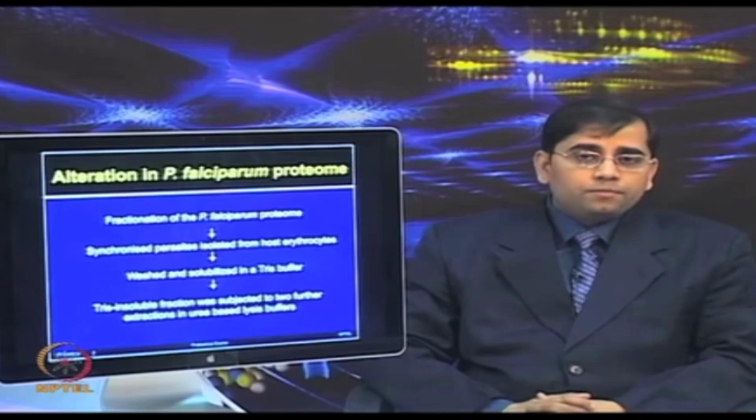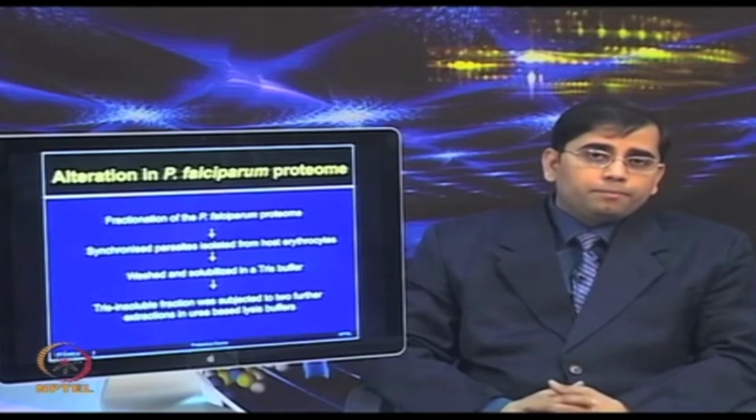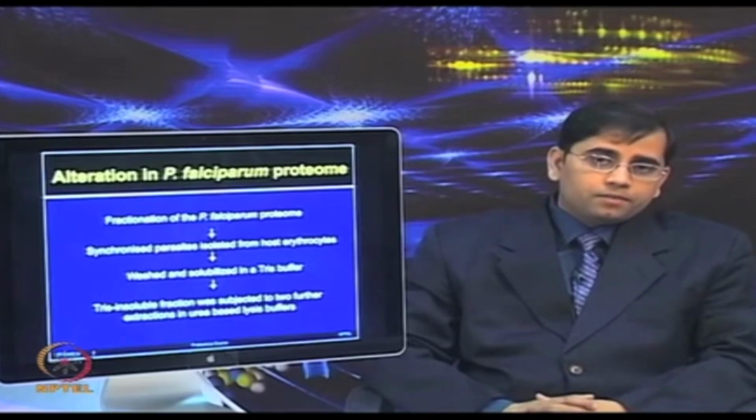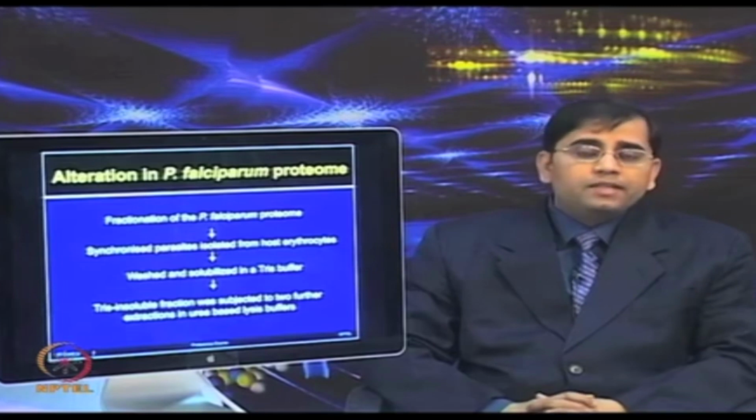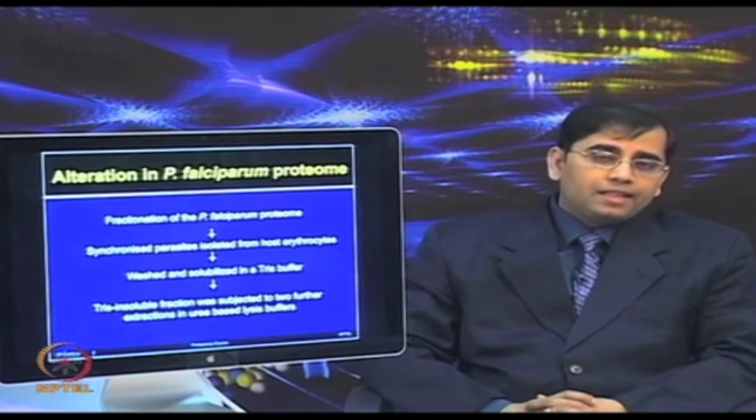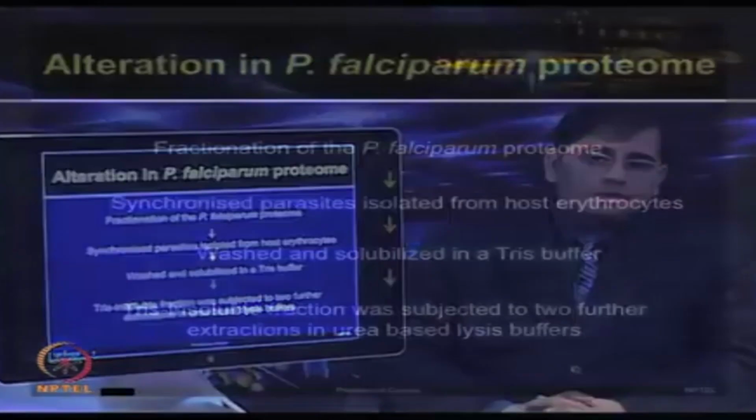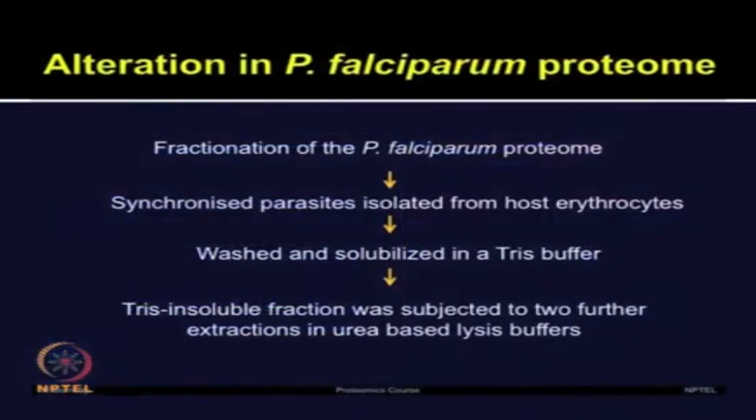then the authors looked for the proteomic alterations. So, first of all, they did the fractionation of the P. falciparum proteome. Synchronized parasites were isolated from the host erythrocytes, washed initially and then solubilized in a Tris buffer recipe. The Tris-insoluble fraction was further subjected to extraction in the urea-based lysis buffer.